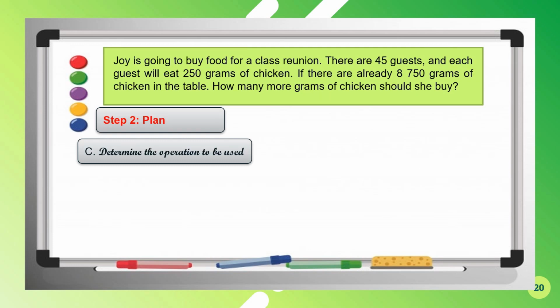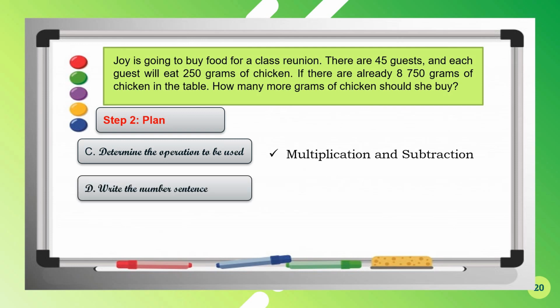Step 2 is plan. The operation we will use in this problem is multiplication and subtraction. To write the number sentence, we need to look for the total grams of chicken needed for 45 guests, then subtract the grams of chicken available on the table.